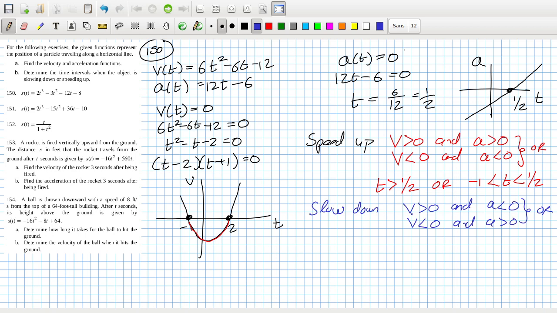So positive velocity is here and here, and the acceleration is negative, is less than a half, so it would be less than minus 1. Or when the velocity is negative, which is between minus 1 and 2, but the acceleration is positive, so that's more than a half, but it has to be less than 2 still.